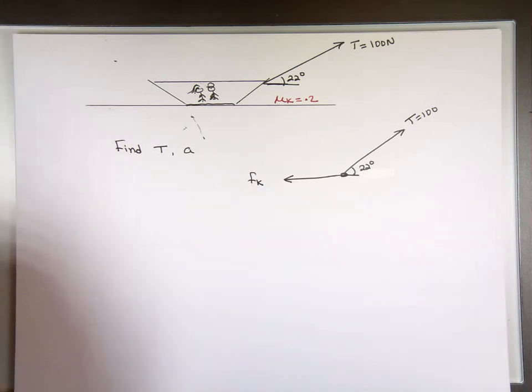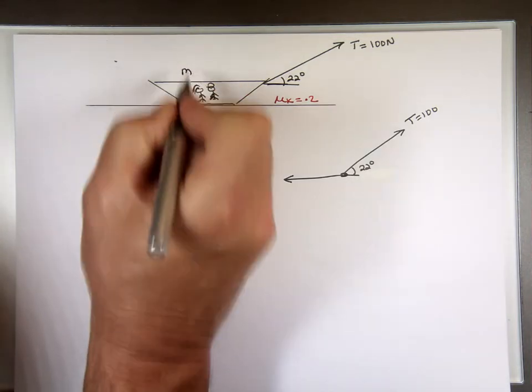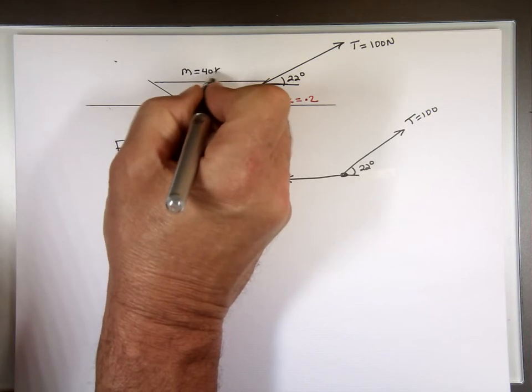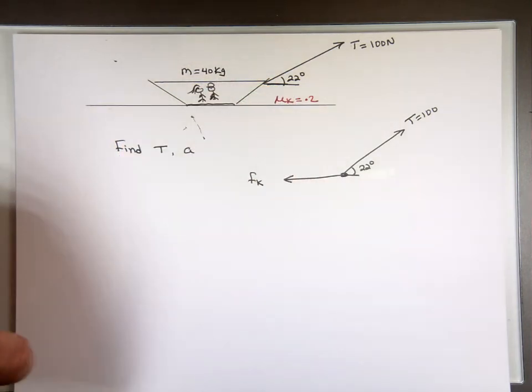What else we got? I forgot to give you something. Let's assume the mass of the two kids in the sled is 40 kilogram. So what else do we have?